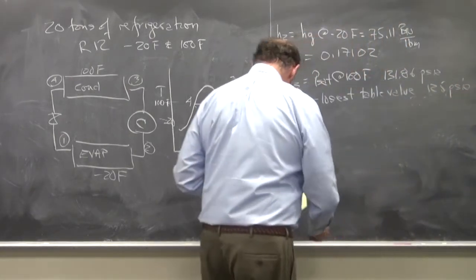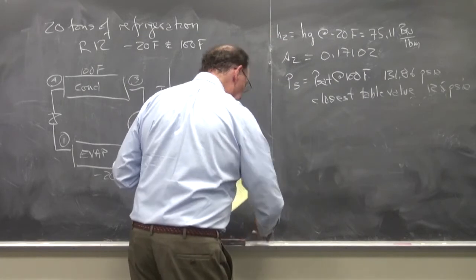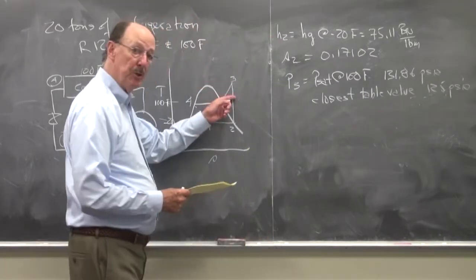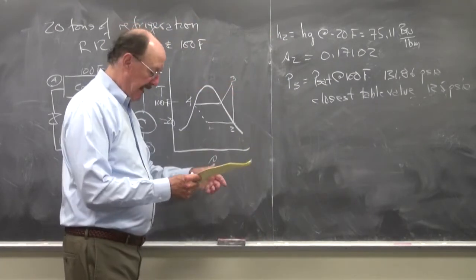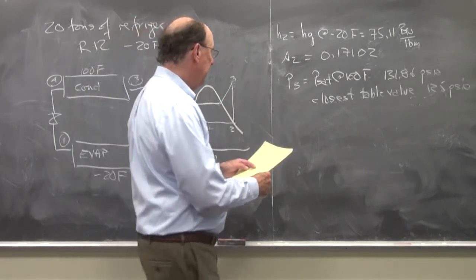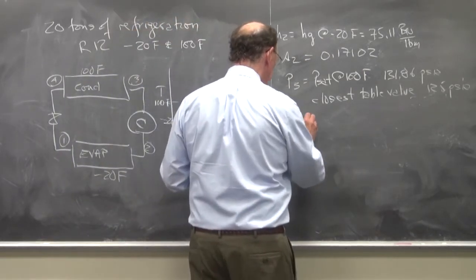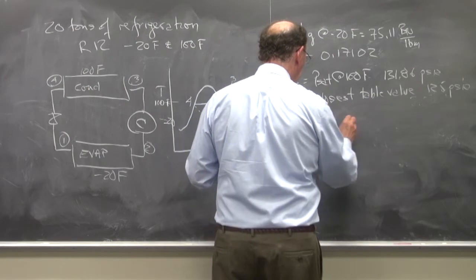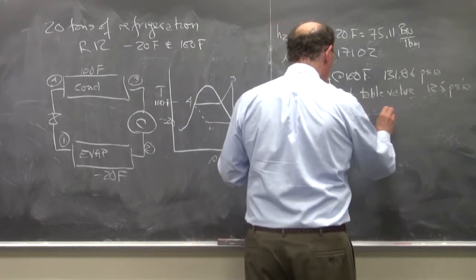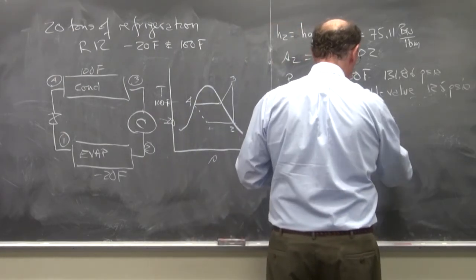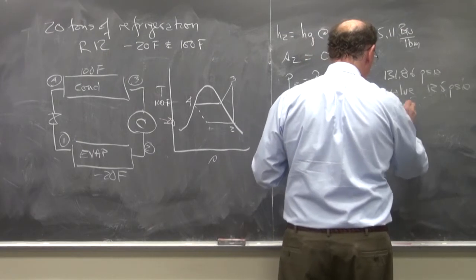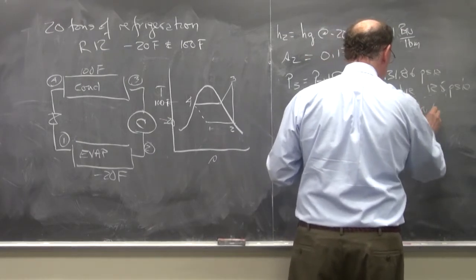So that's where I'm going to look things up, and we'll see in the superheat region, I can then find that S3 is equal to S2, and H3 is about equal to 91 BTUs per pound mass.